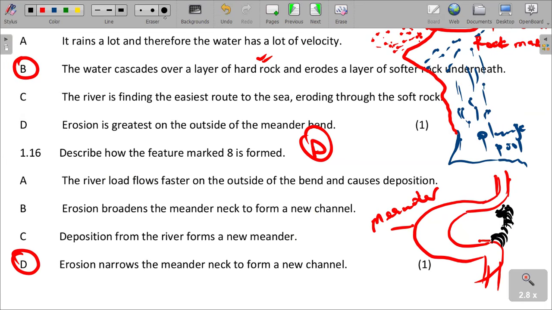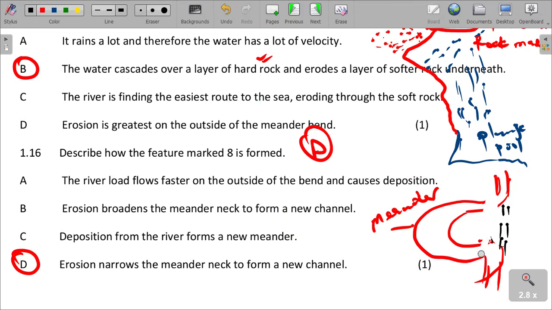The river channel will just connect straight from this side. Instead of it meandering like that, it will just come here, and then we have our river connecting straight and no longer going through that other pathway which was meandering there.